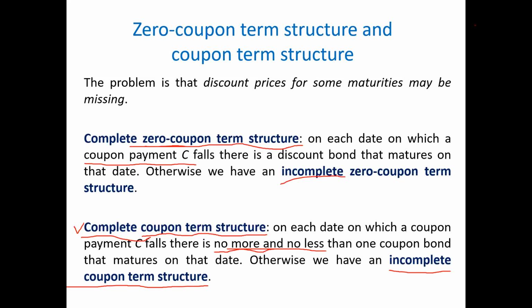However, I think it was about 5 years ago that the UK decided to issue very long-term coupon bonds. I think they would mature in 50 years or even 55 years.